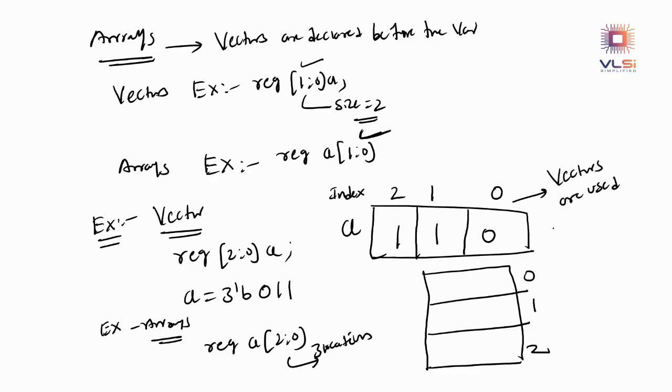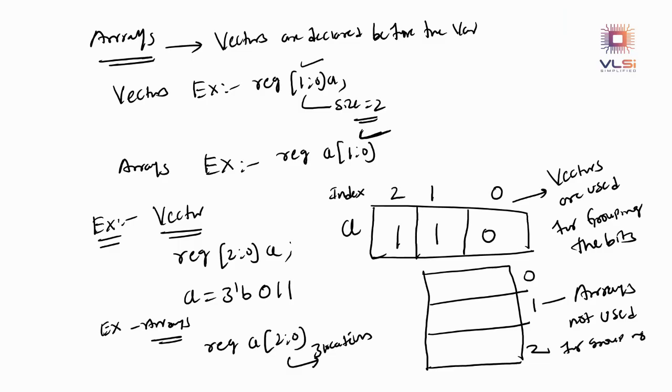Vectors are used for grouping the bits, whereas arrays are not used for grouping the bits.